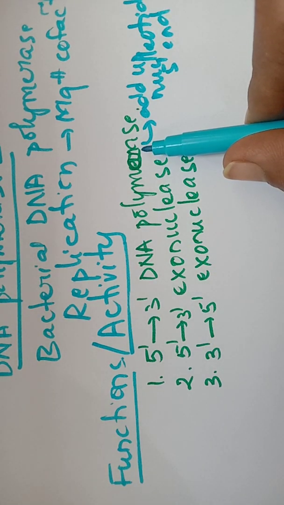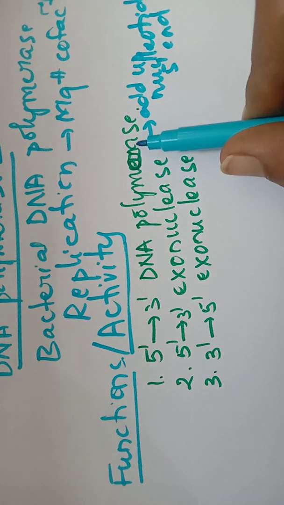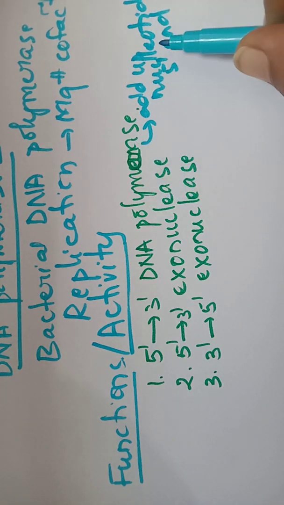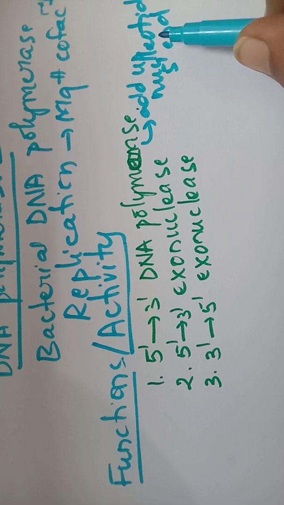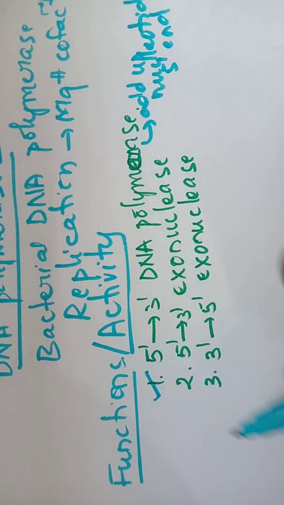To get a new copy of the DNA, it needs a template and a primer. The template it takes as a reference, and to the primer it adds nucleotides and extends the primer to make the new copy of the DNA. Just follow the figure which I gave in the last class and you will understand better. This is the first activity.